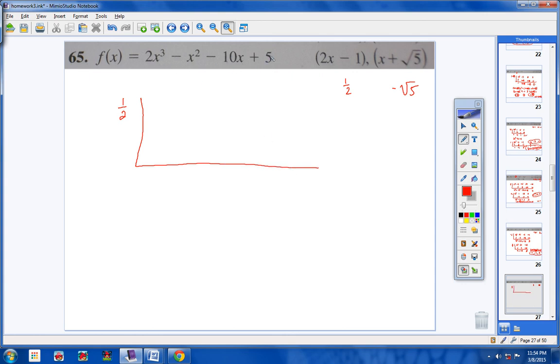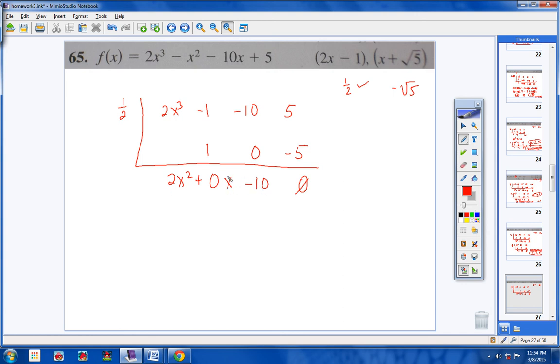Standard form, 3, 2, 1, constant term, everything looks good. 2, negative 1, negative 10, 5, bring down your 2, multiply, you get a 1, combine, you get a 0, multiply, you get a 0, combine, you get a negative 10, multiply, negative 5, and you get a 0. So this checks. Now, this was a 2x cubed, so this would be an x squared, so we have 2x squared plus 0x minus 10.